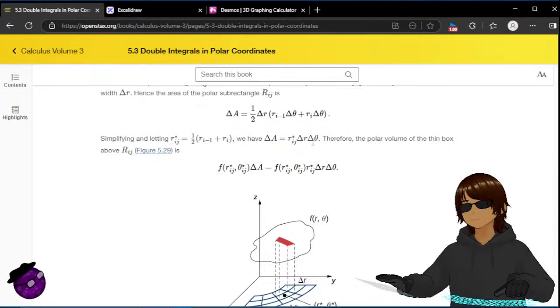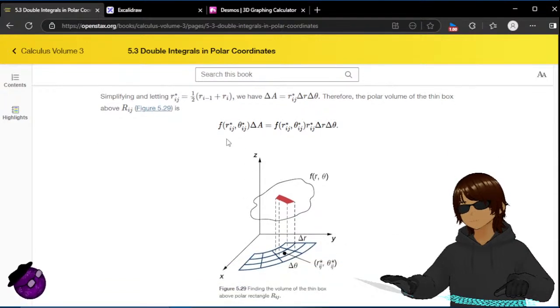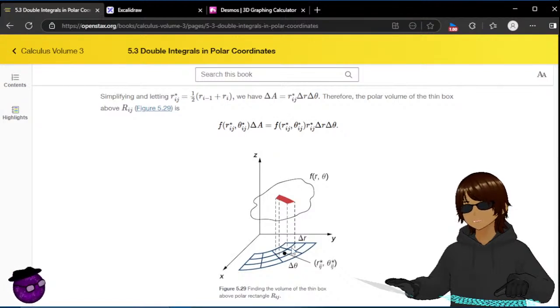However, the polar volume of a thin box above Rij is the F value times the area, so the delta area. So wait, it's this area times the height. That's the volume we are concerned with.